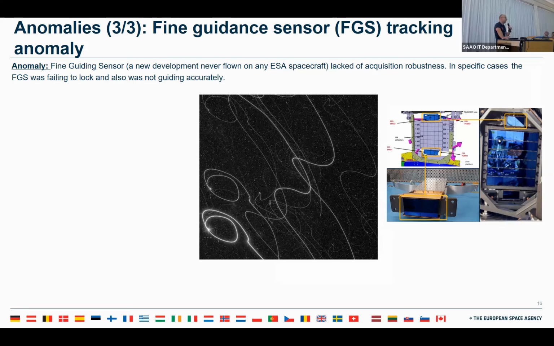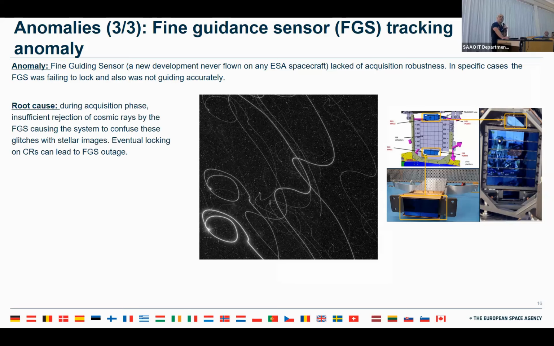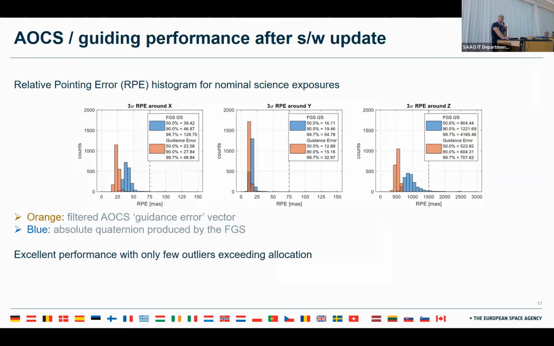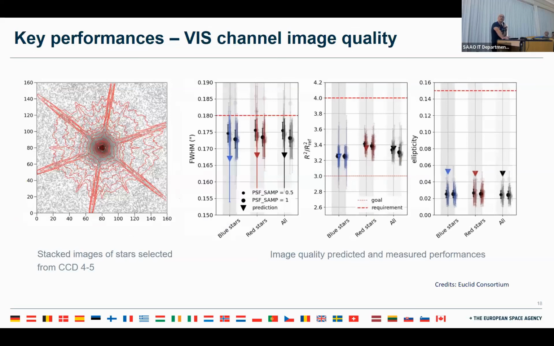We were really glad that industry was flexible and reacted quite rapidly to that, and finally we have a perfectly working FGS. And you see here the distribution of the pointing error, and we are really better than the 75 milliarcsecond 3 sigma requirement. So this is really a big achievement.